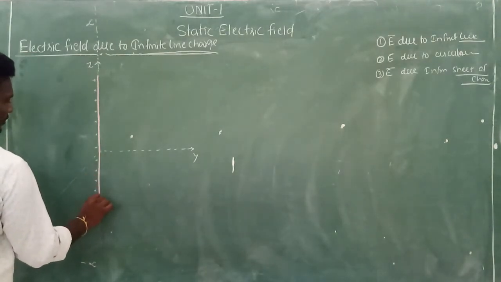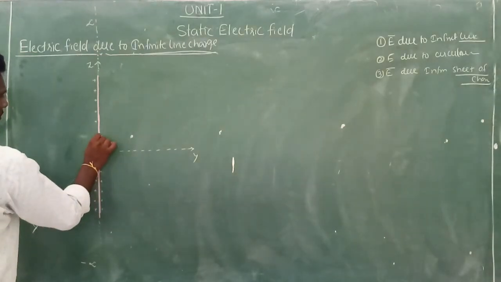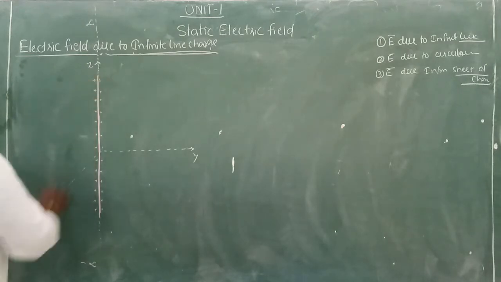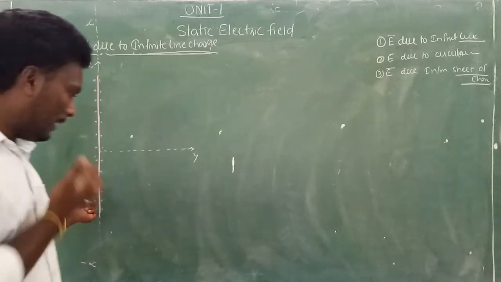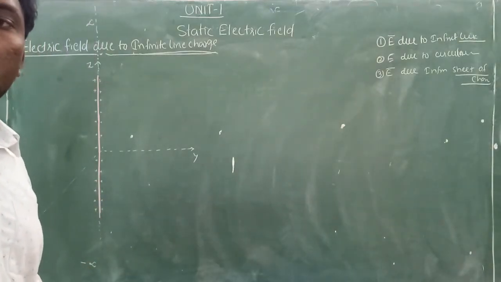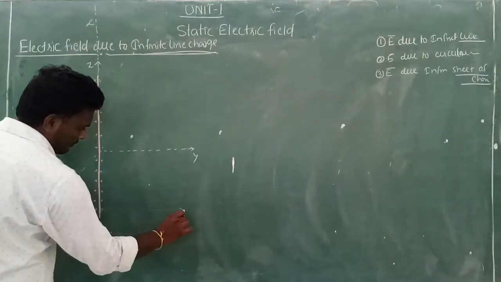Now, according to the properties of electric charges, whenever a static charge exists, due to its properties it produces electric field lines. Now imagine that the electric field lines for this infinite line charge will be like this. What are the properties of electric field lines?